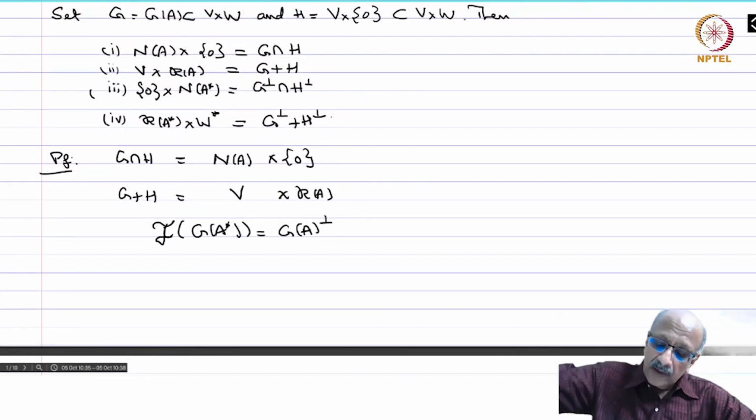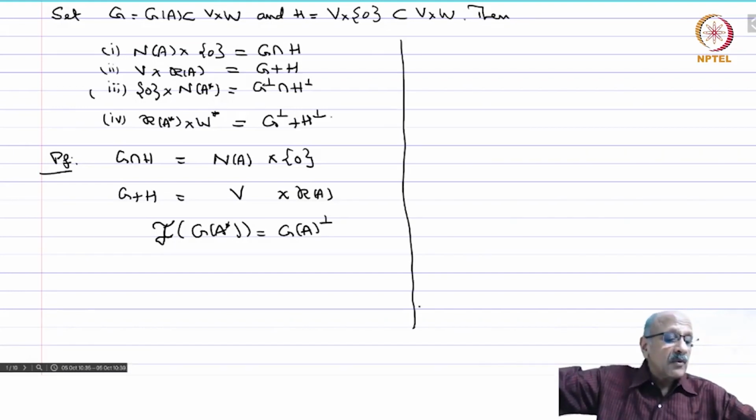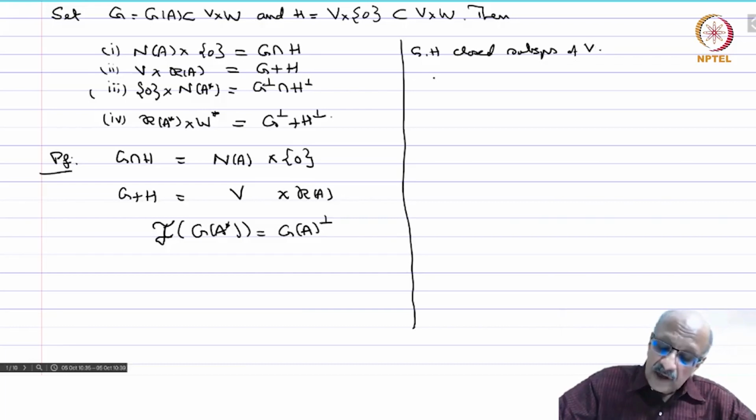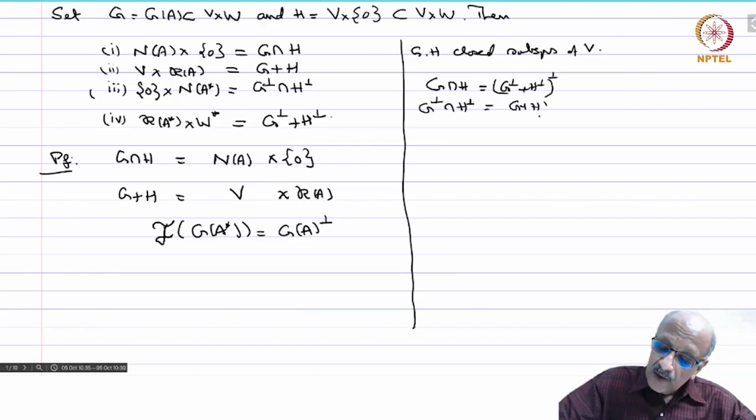Okay, so while we are here, let me note down some of the old results which we did, which we will be using. If G and H are closed subspaces of a Banach space V, then you have G intersection H equals G perp plus H perp, perp, and G perp intersection H perp equals G plus H perp.